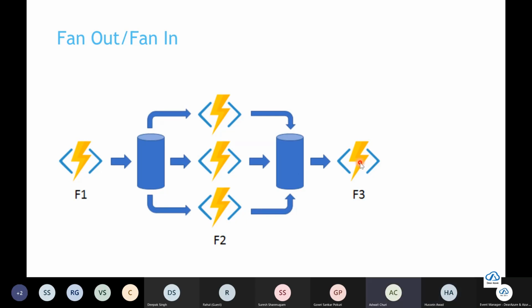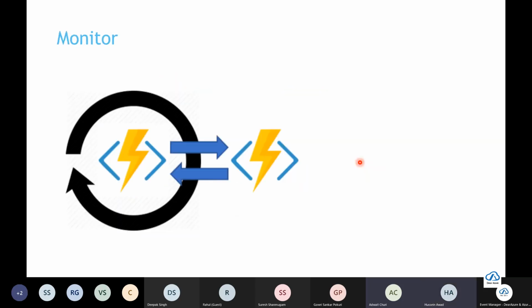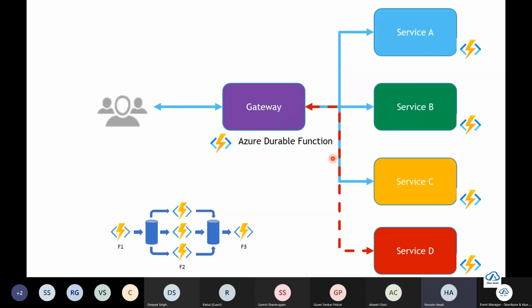Yeah, so this is the fan out, right? Fan out and then fan in. But how is it different from the gateway aggregation? That's a good point. It's not different. It's a way of implementing it. When I explained the gateway aggregation, I showed the fan out, fan in because that's exactly a way of implementing the aggregation. It's fanning out the requests to multiple services and then receiving them back, fanning in to the gateway in the durable function to send back one response.